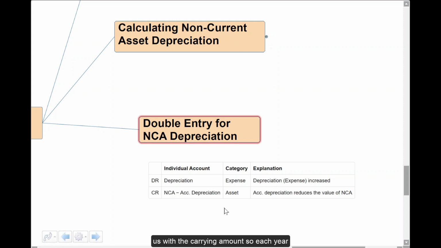So each year, or each period, we must be crediting accumulated depreciation to reduce the carrying amount of the asset. We've got to have a double entry. So if we're debiting the P&L account and the expense, we've got to credit somewhere, and ideally we credit against the asset, to reduce the asset value, or if you will, increase the accumulated depreciation value, which does the same thing.